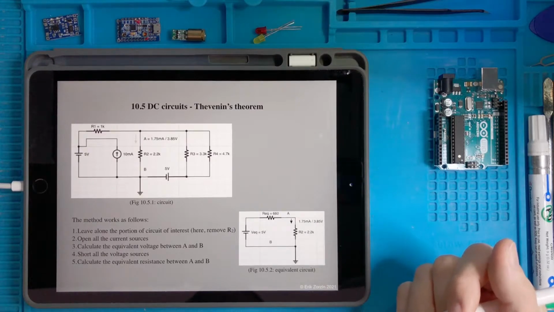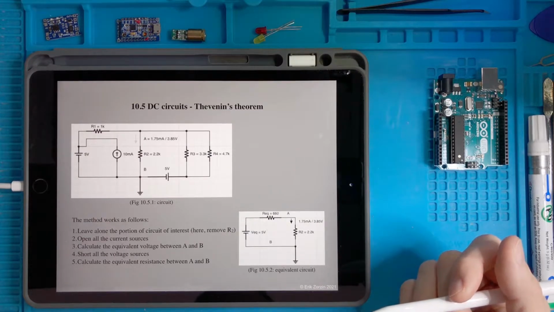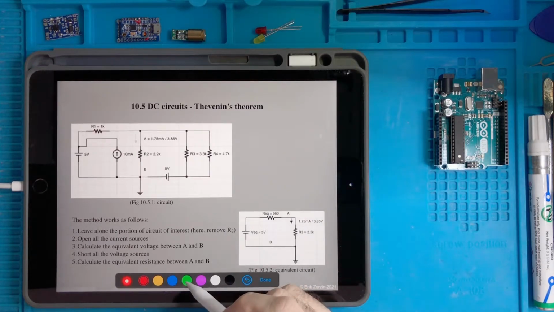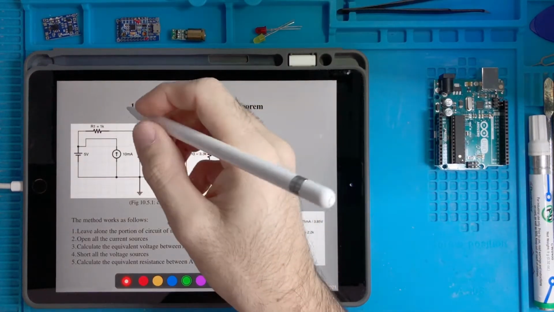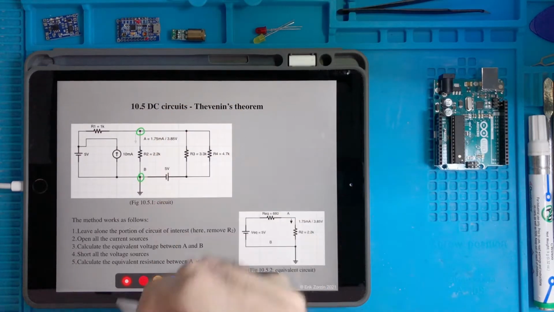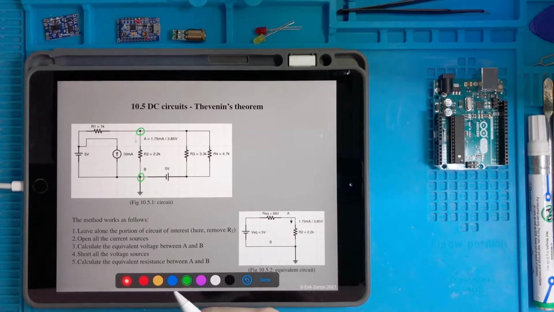So now we want to ask a question. You see that here I defined two nodes, A and B. It can be any, but I decided to choose those two.